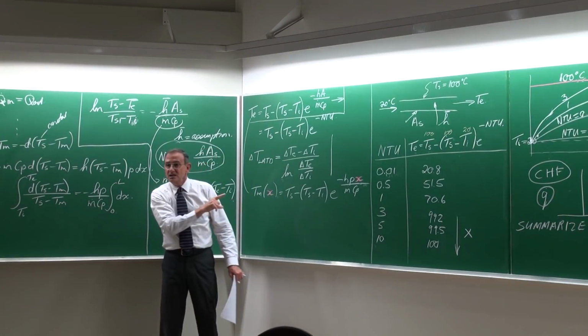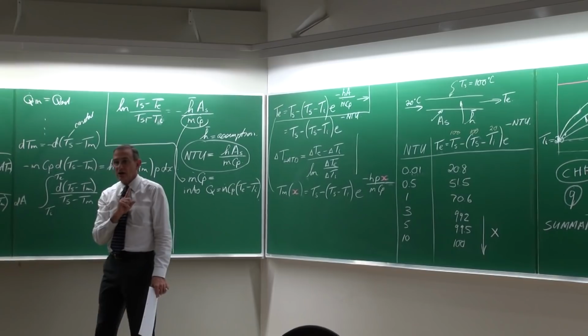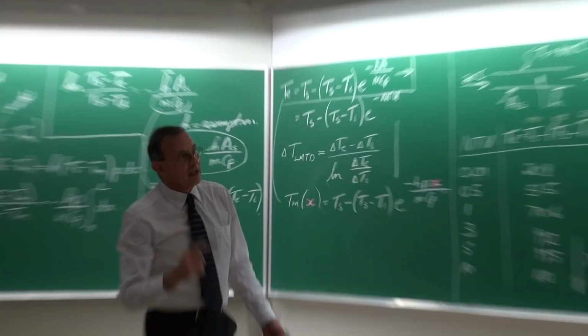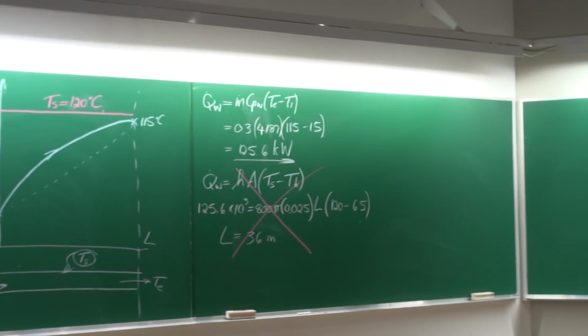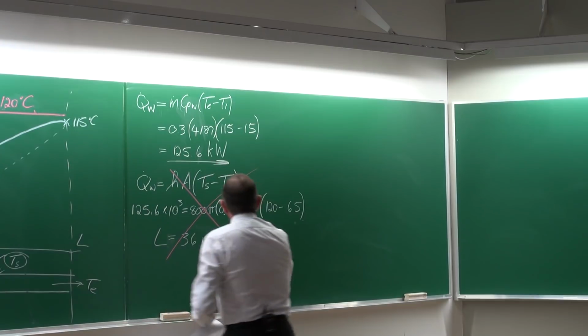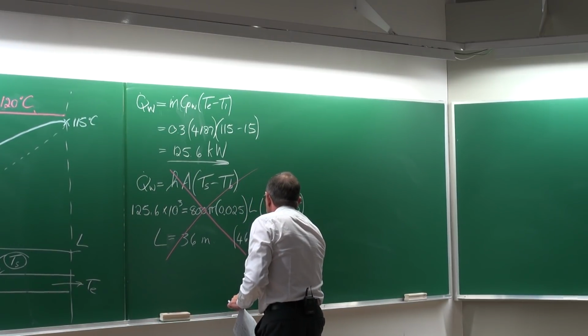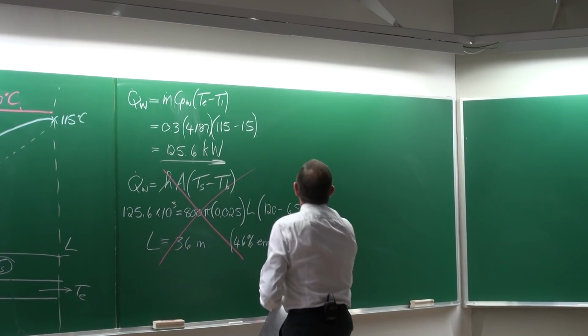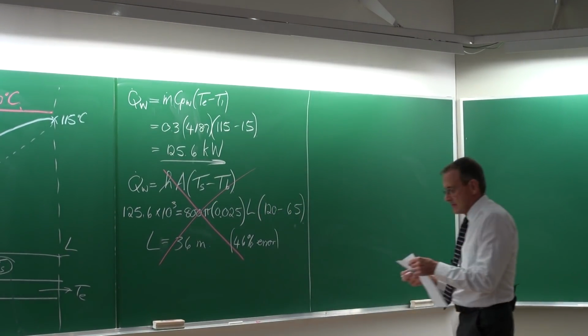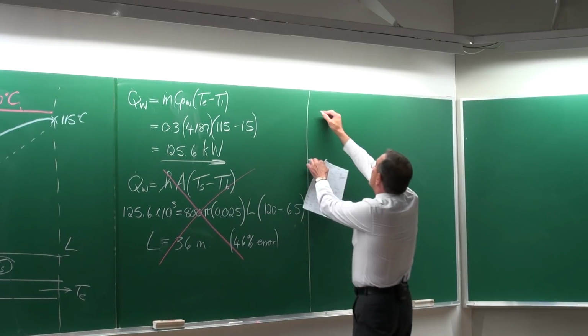The LMTD should be calculated like that. Let's do it the correct way. I'm going to show you, this is going to have a 46% error. We should use the LMTD.